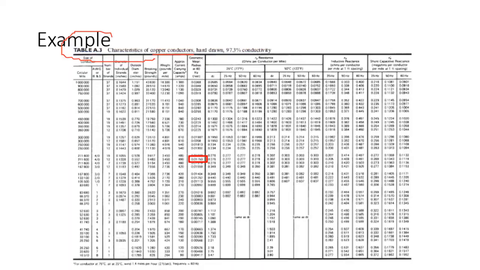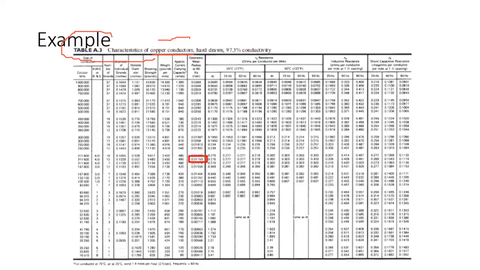Don't just go there and find the data. These are copper conductors, as you can see. But these are stranded, so I need to look at the geometric mean radius, because this is a stranded conductor.